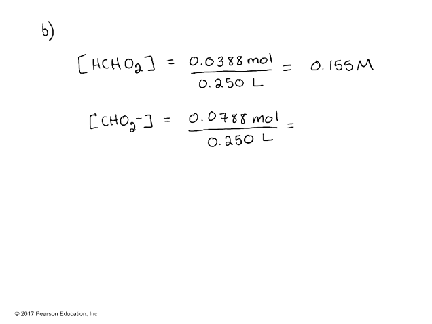And once you plug that into your calculators, you should find that the new concentration of conjugate base is 0.315 moles per liter. So now we should have everything we need to calculate the pH after the addition of sodium hydroxide.